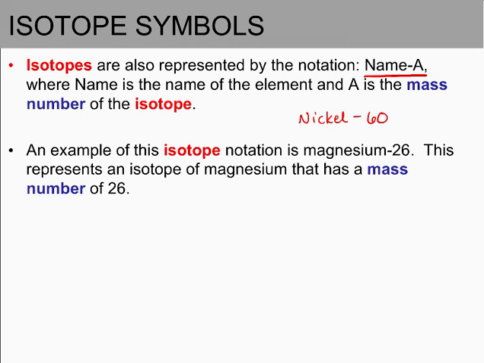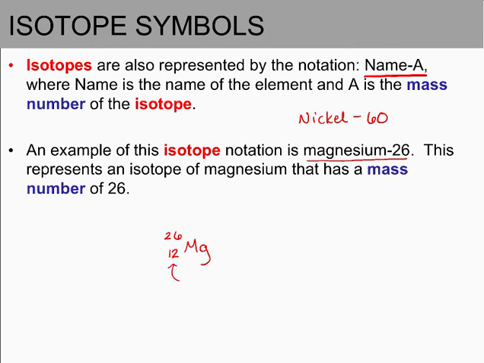So as another example, let's say that we have magnesium-26 as our isotope. And if we want to write it in the original form that we saw, we would put the element symbol, which is Mg, and then in the upper left, we would put the mass number, which is 26. And then below that, we would put the atomic number, which if we look on the periodic table, above the symbol for magnesium is a number 12, and that's the atomic number.